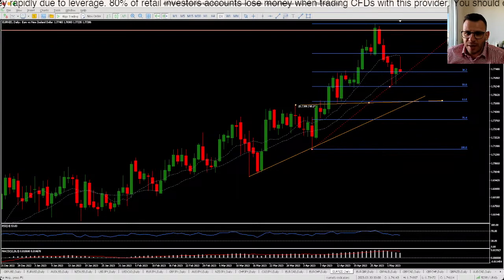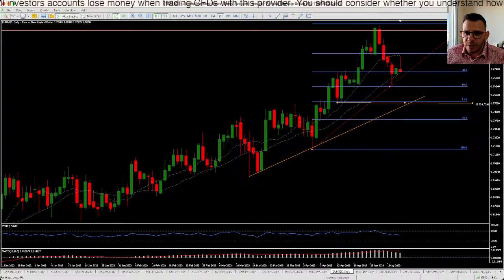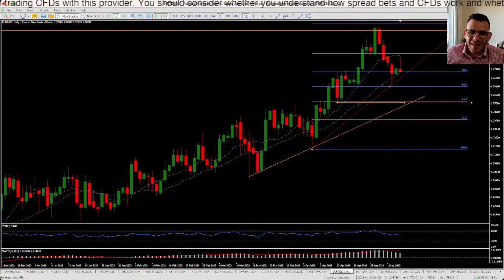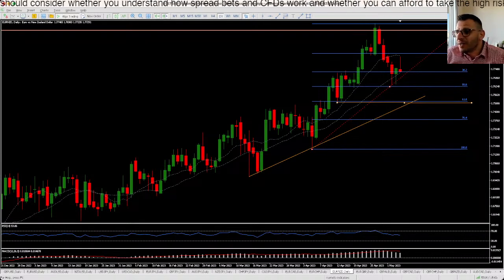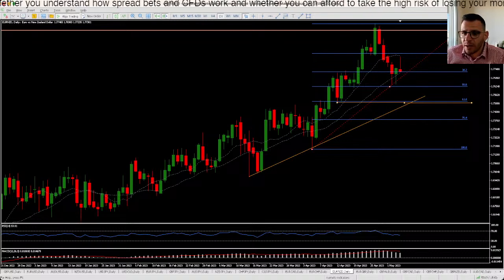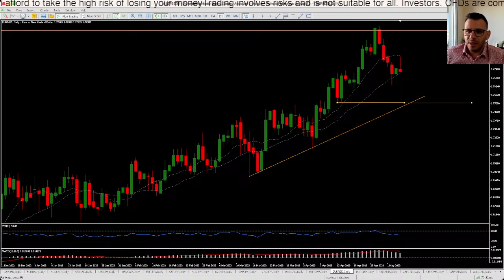If you don't like that inside candle, which for me is not valid, it just stands out so much, that's why I used it. But if we take the low of these candles, it coincides with the 61.8 fib retracement. So we can look for some buying at this area here.